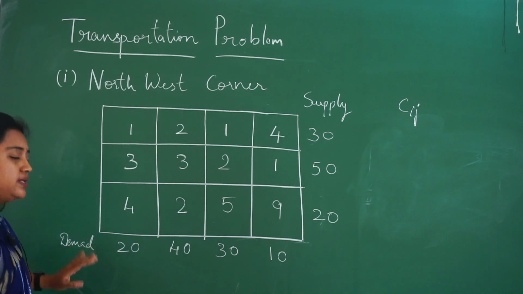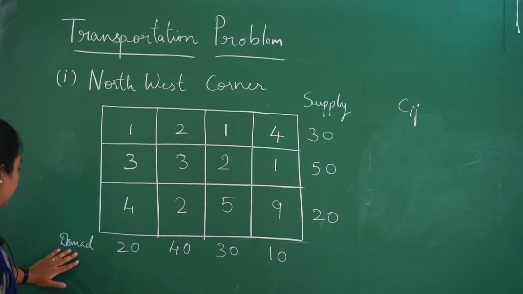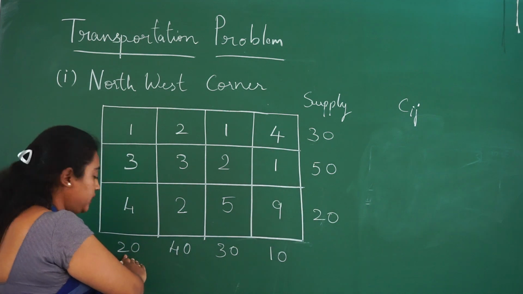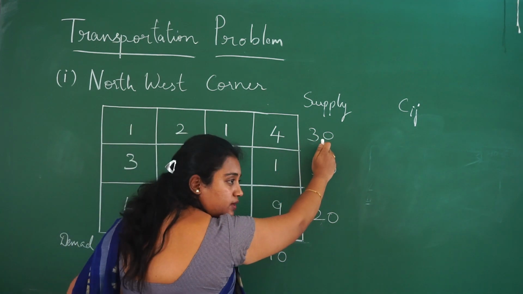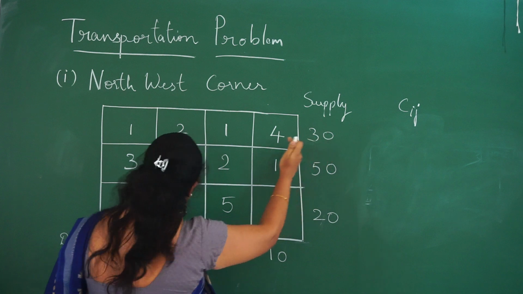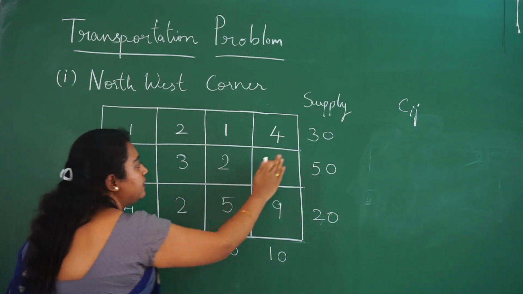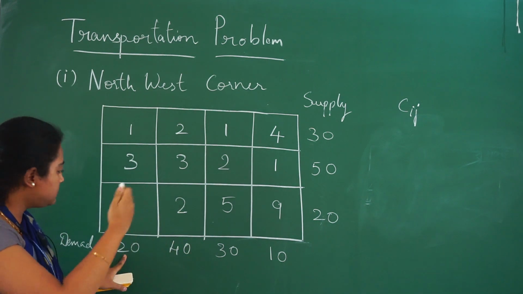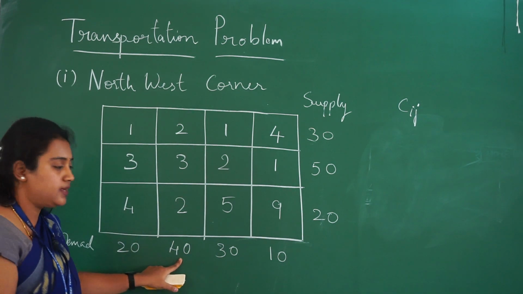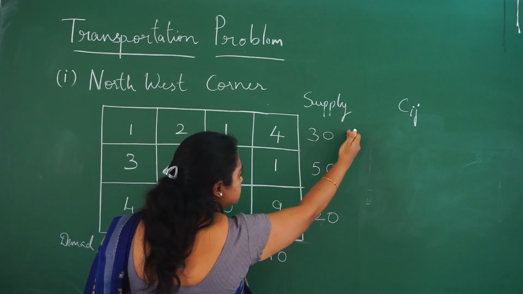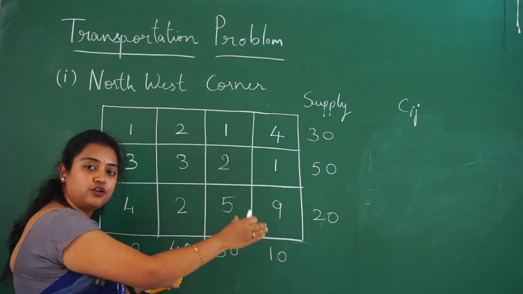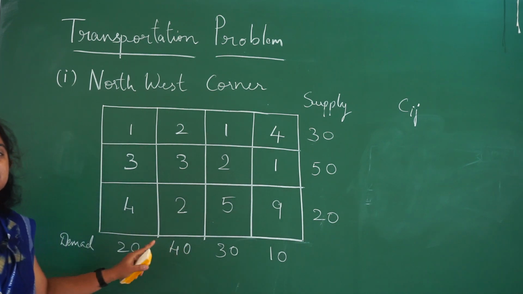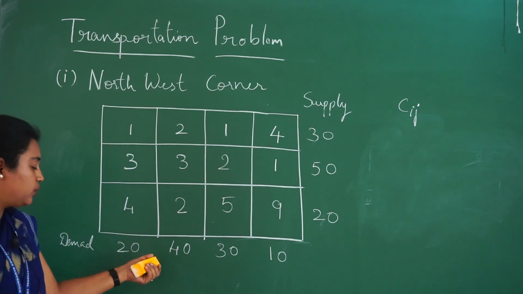When the customer demands 20 products, the owner has 30 products, so he can easily send 20 products, and the remaining 10 he keeps with himself. Next time when the customer demands 40 products, he combines this 10 with some other set of products. This is how we are going to do the problem now.